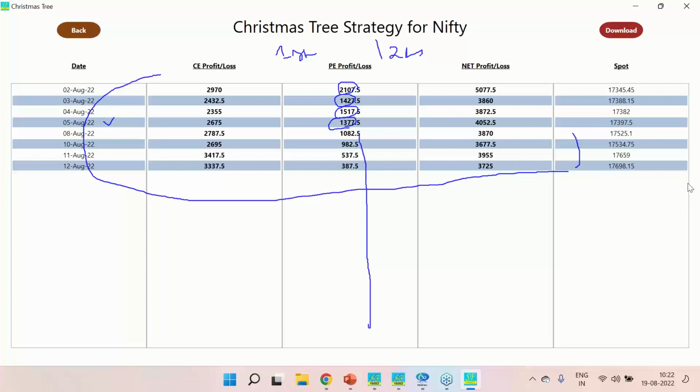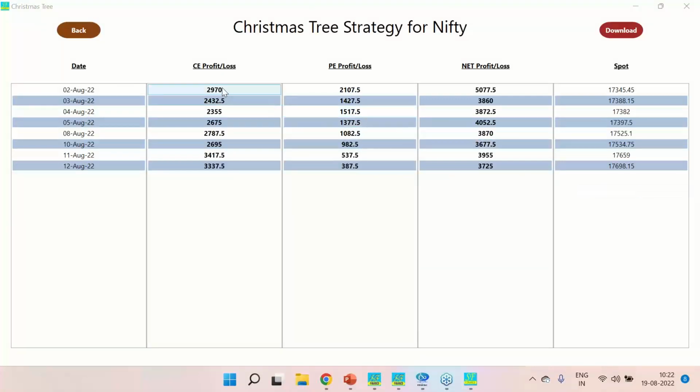Have a look at 100 point depth: if the same strategy is formed with 100 point depth on 1st of August, by 12th of August, every day it has given a profit. Every day.